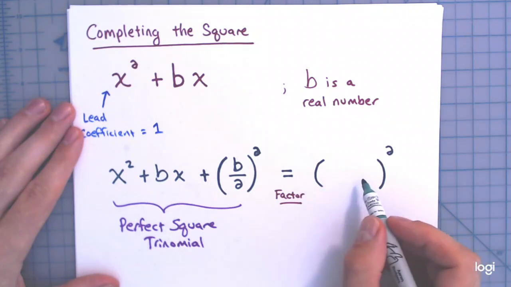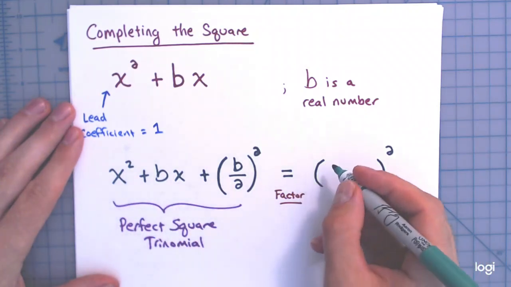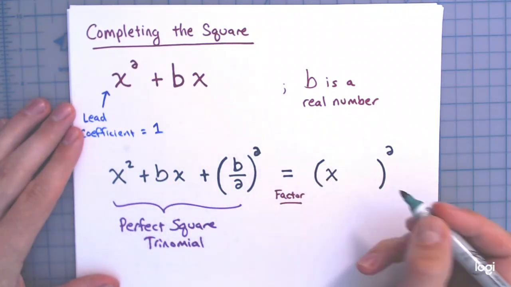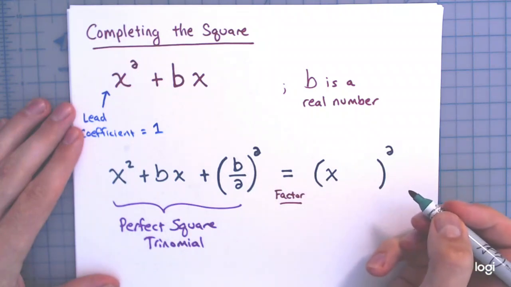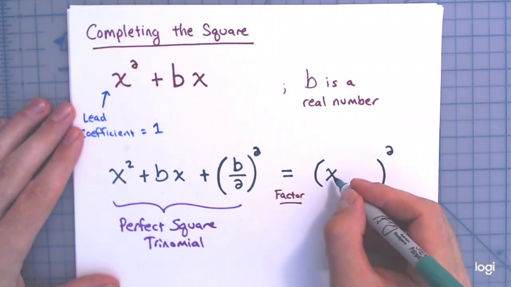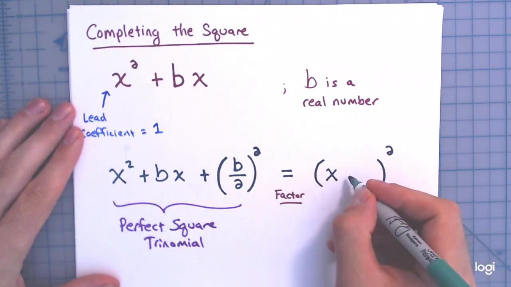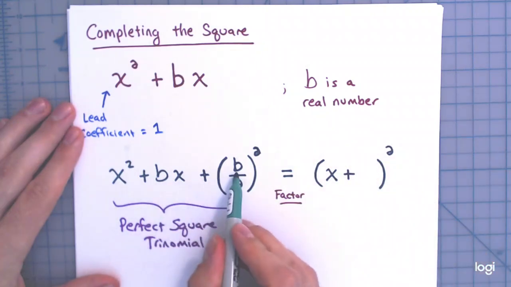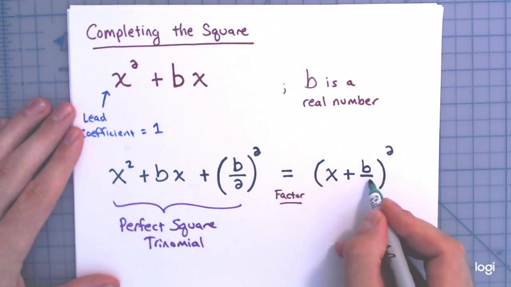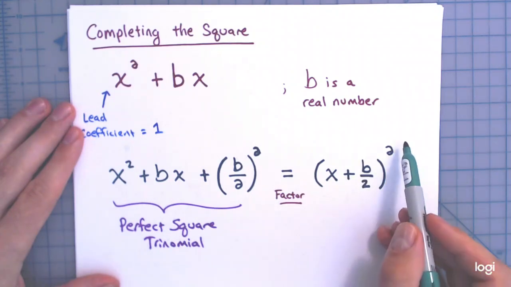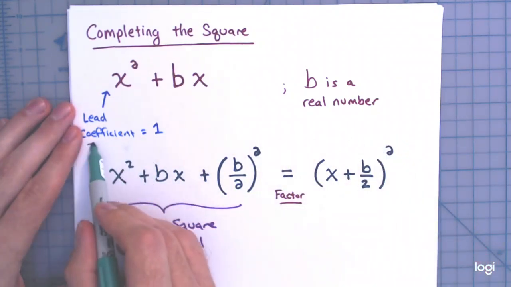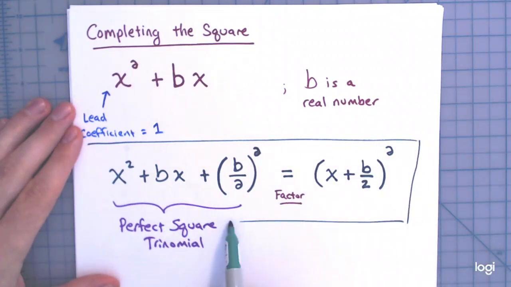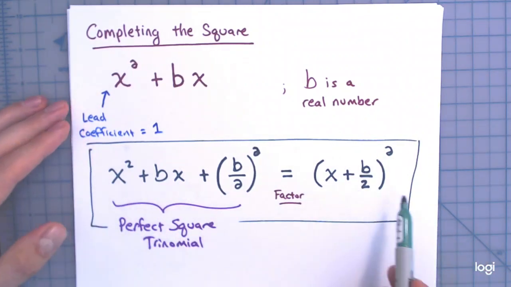That expression is simply the variable, x, or whatever the variable is. You're going to see in my examples that I have other variables, but you have the variable, and then plus whatever half of that b was, that b over 2. And this is key right here. This was called completing the square.